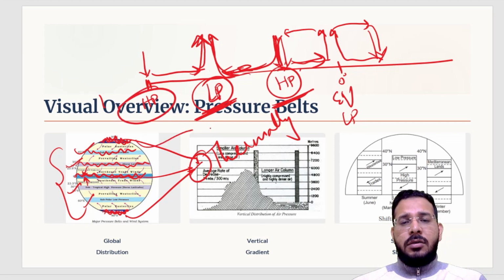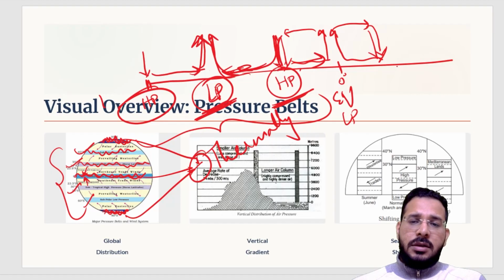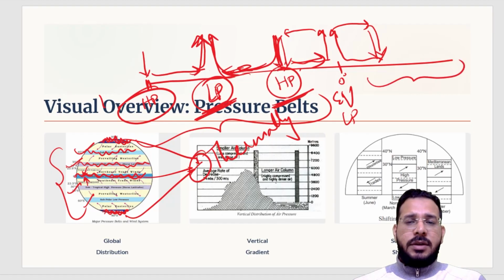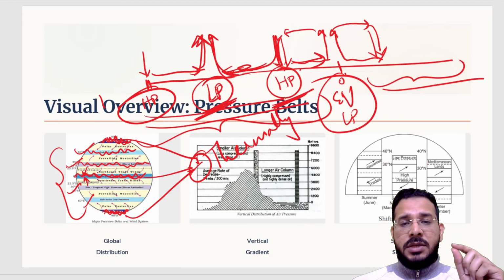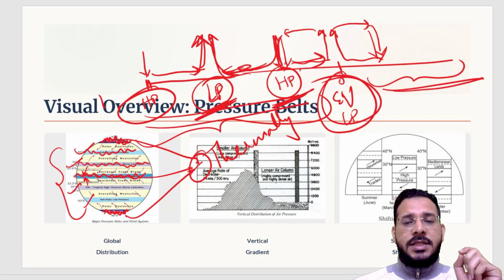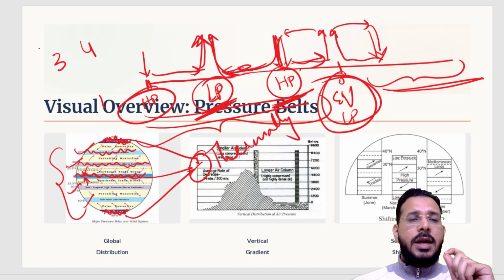So 3 in the northern hemisphere, 3 in the southern hemisphere, and 1 at the equator. So totally 7 pressure belts, of which 3 are thermally induced and 4 are dynamically induced.